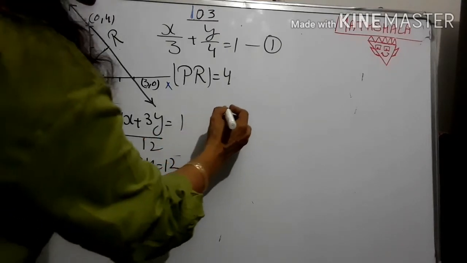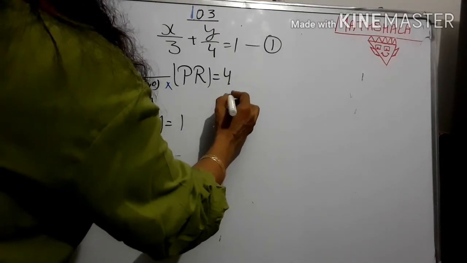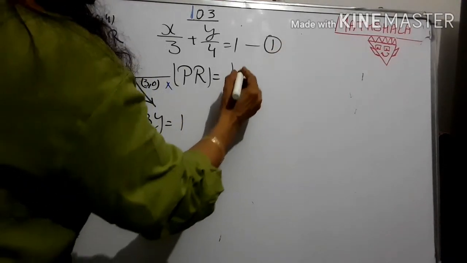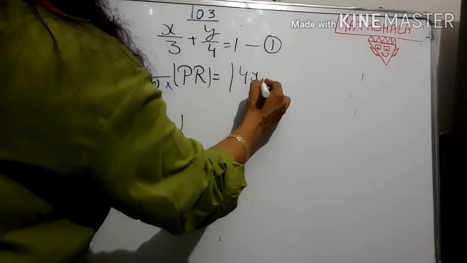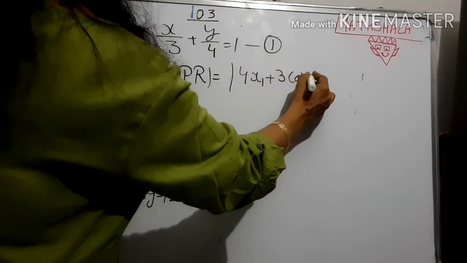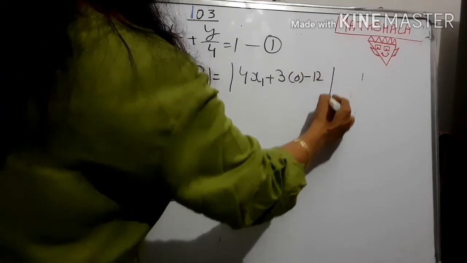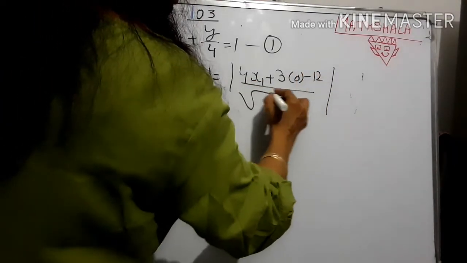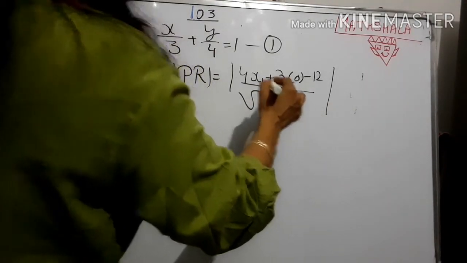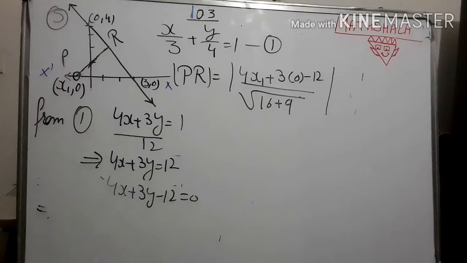Now distance between point and line, this is equal to what? A x1 plus B y1, say y1 is 0 because point is on x-axis, divided by, it is what? A square. A square is 16, B square it is 3, 3 ka square is 9.